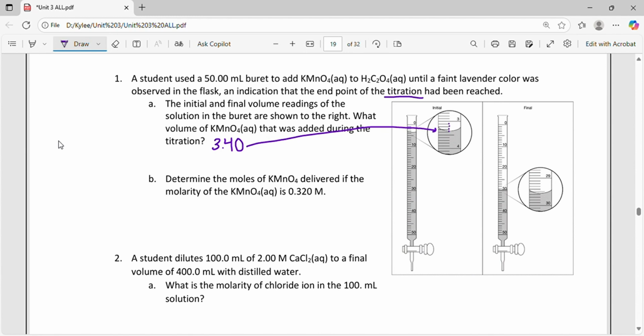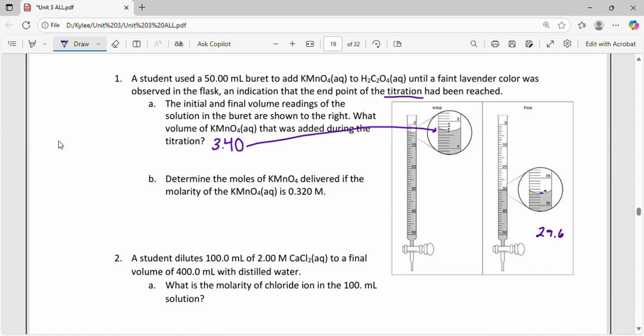The final burette, we start at 29, and so this line here would be 29.5, and this is 29.6. And remember, we want to read from the bottom of the meniscus. It's kind of hard to see without me zooming in, but it does appear that the line is not exactly on the next line.